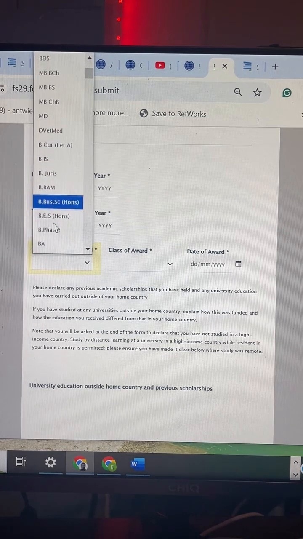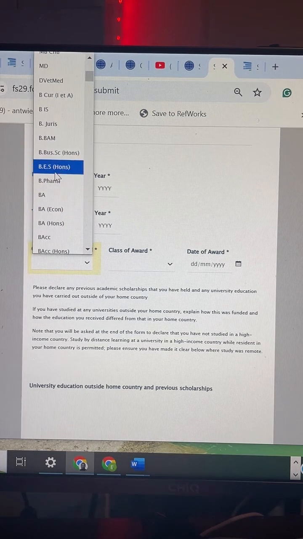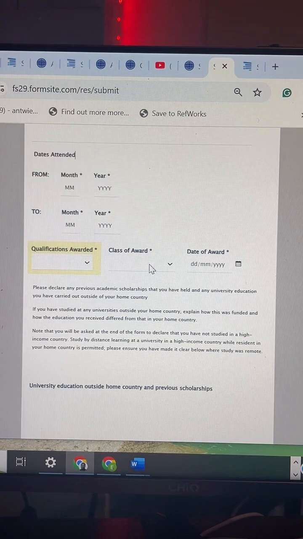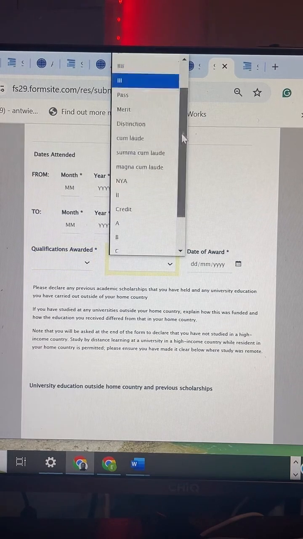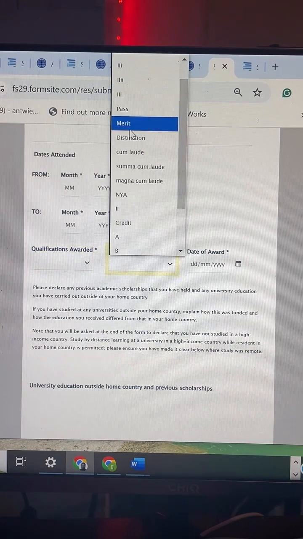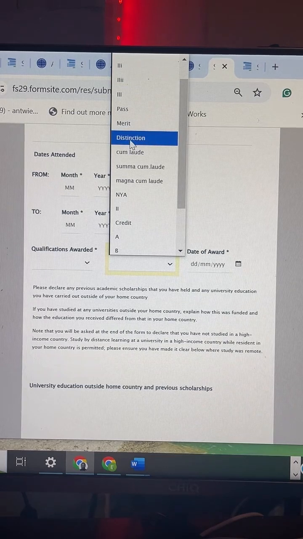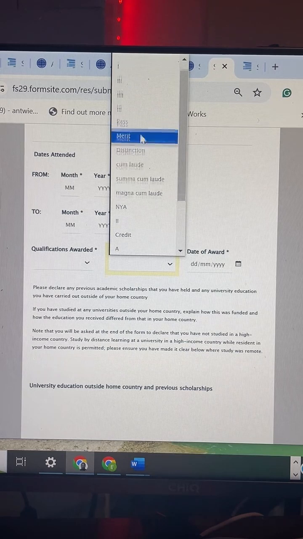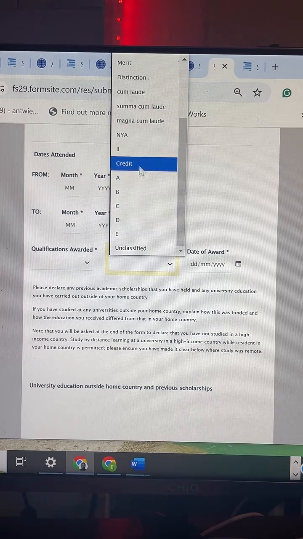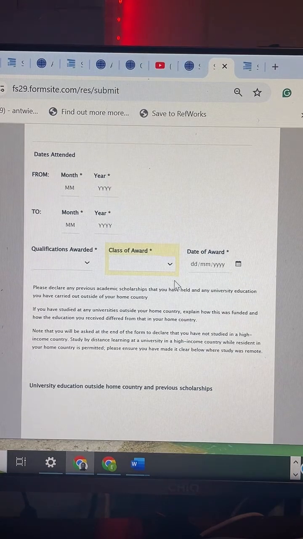Have you gained the scholarship already? Is it a BSc? Is it a BM? Is it a BES? Is it a BA? So you select which one that applies to you, and then the class that you got. If you got first class, and then you select the distinction. If you got a second class upper, you select the merit.